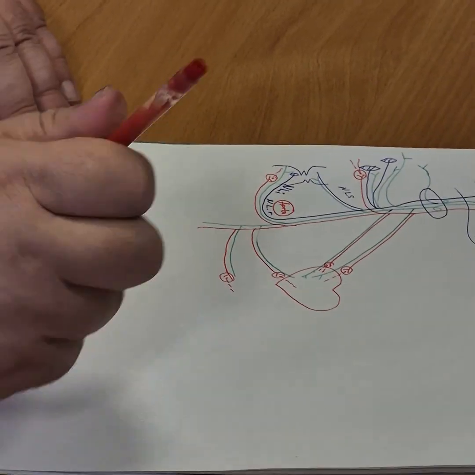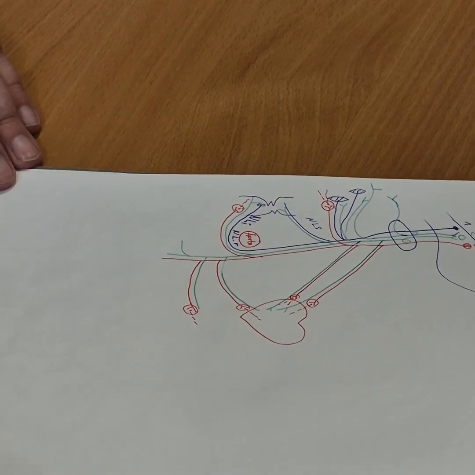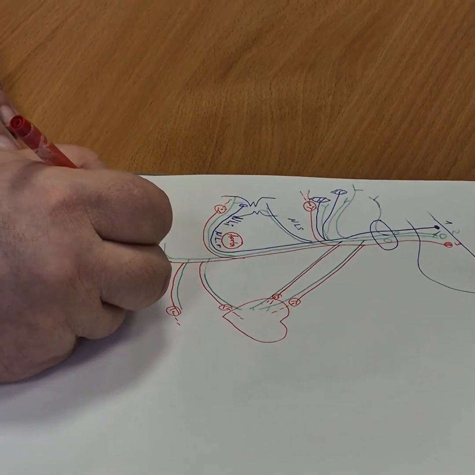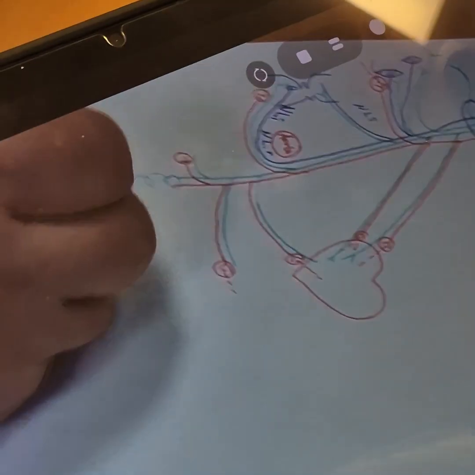And it gives rami esophageales for the esophagus. And vagus makes a plexus in the esophagus, plexus esophagealis.